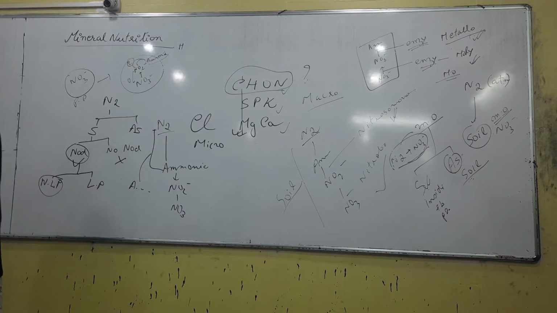In which reaction does molybdoflavoprotein help? Reduction of nitrate to nitrite inside the plant cell. It also requires a coenzyme. That is not so important, but the name of the nitrate reductase is very important.